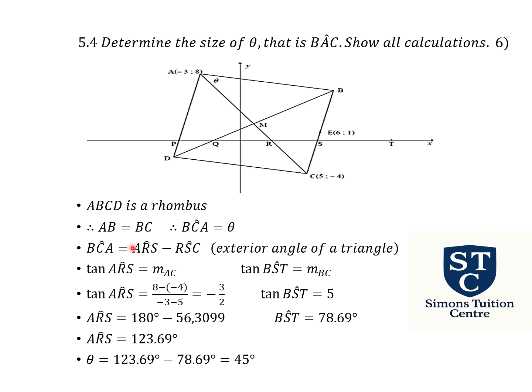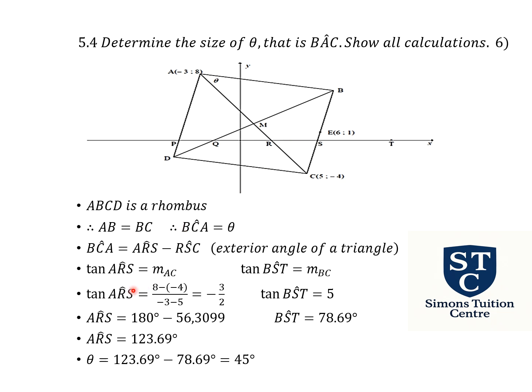Theta would equal the exterior angle minus the interior angle. The exterior angle of a triangle equals the sum of the two opposite interior angles. So that angle there plus this angle must equal the exterior angle of the triangle.